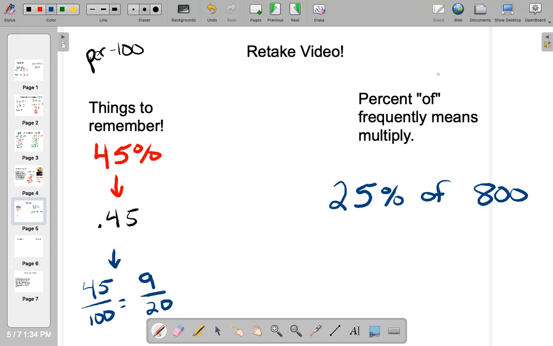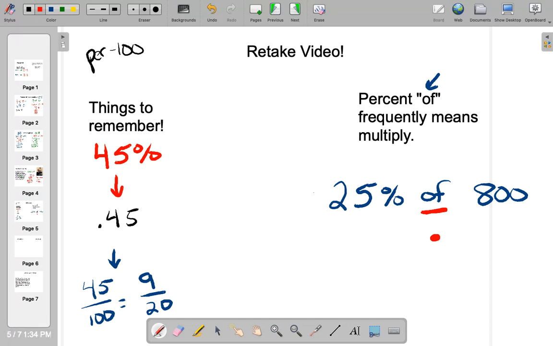Now, the big new skill here is that percent of is a lot like half of or 3/4 of. It usually means multiply. So for these problems that we're working on in this retake video, percent of a number means you are going to be multiplying those numbers together.